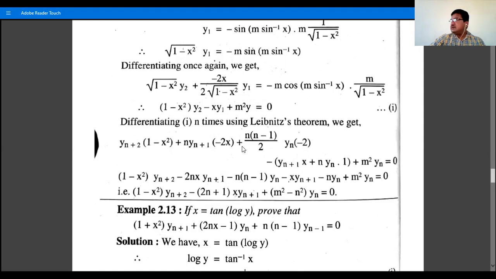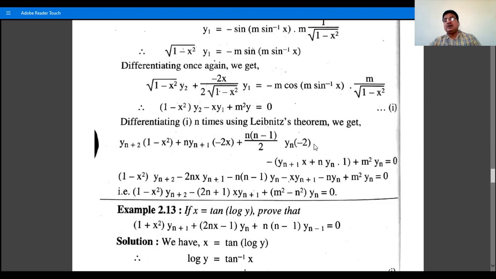Plus the next term is nC2, its value is n(n-1) by 2 factorial, into u(n-2), which means the derivative of order n minus 2 of y2, that is yn, and v2 means the second derivative of 1 minus x square. Its first order is minus 2x, second order is minus 2.